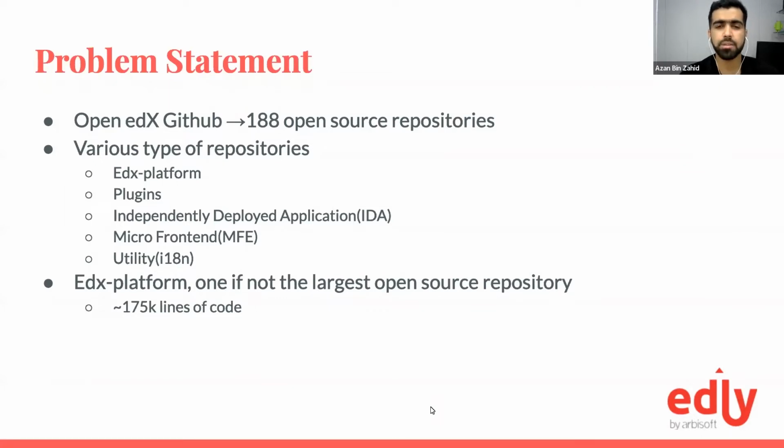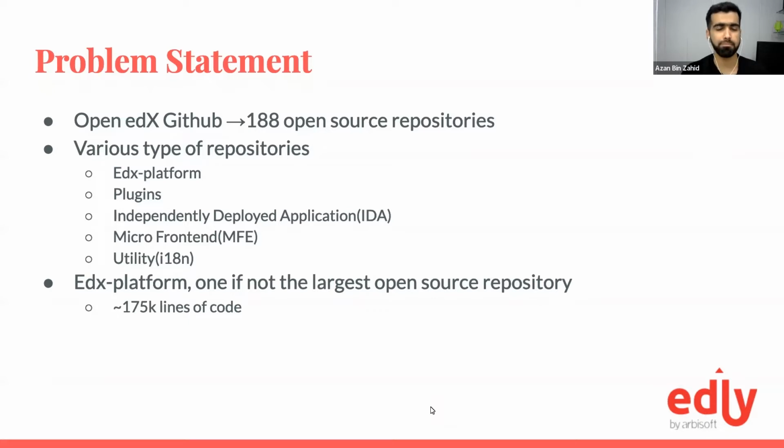So why is it important? As you all know, Open edX GitHub has 188 open source repositories, and these repositories surround one of the main and oldest ones, edX platform. Then we have integrated plugins, and then we have independently deployed applications, IDAs. And with the recent developments in the past couple of years, we are now moving towards micro frontends, and so we have those in open source as well.